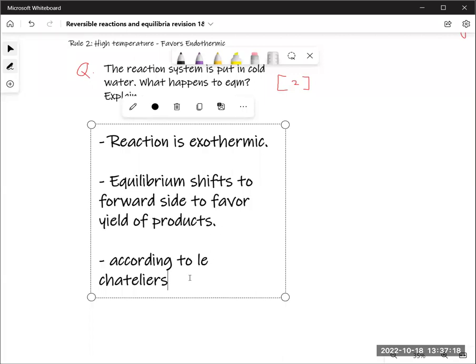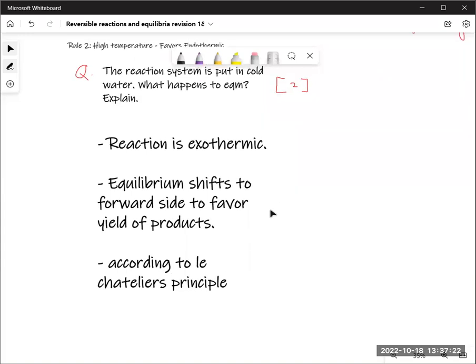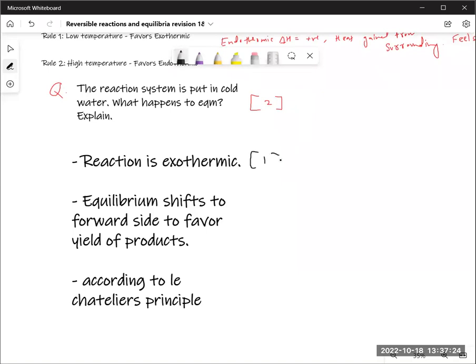Now these are your 3 marks: 1st mark, 2nd mark, and 3rd mark here. But you won't get a 3rd mark because this is very common. So it's good to write this, but the marks are only for this. Sometimes you may get marks for this, so keep it in, but not always.